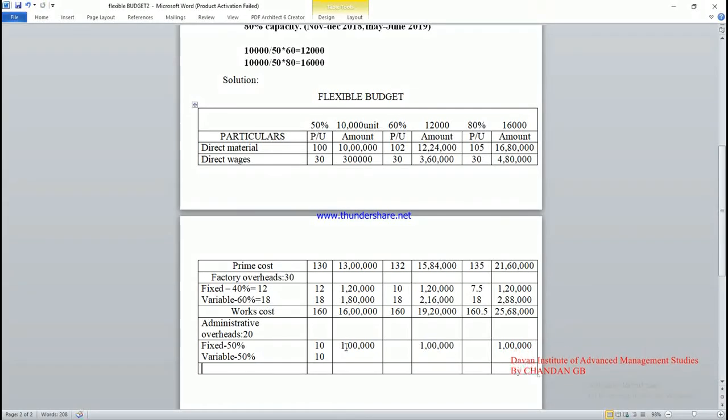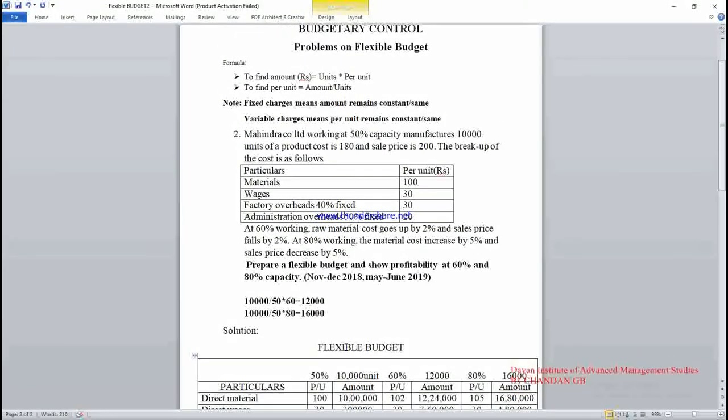Like that, in the case of variable, 10 rupees remains constant for all the unit column. Clear? See, check out the note again.